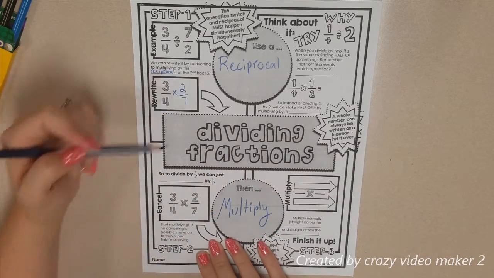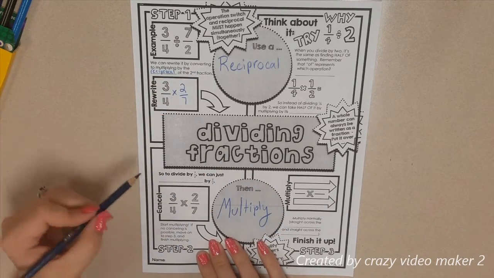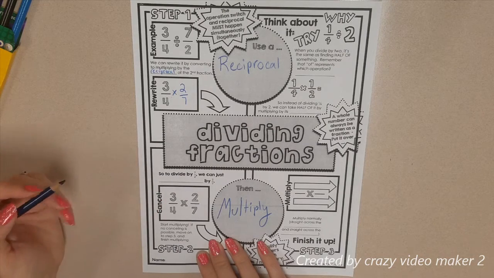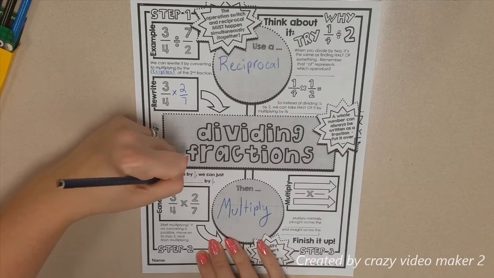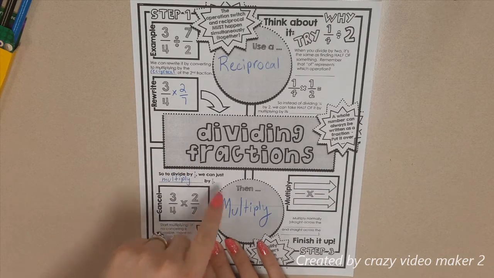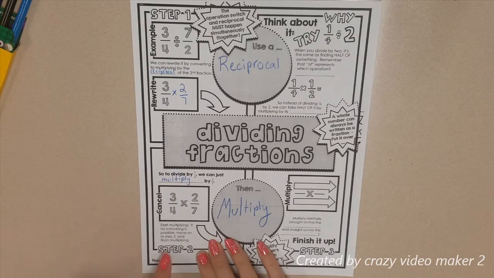So you take the reciprocal and then you multiply. So to divide by 7/2, we can just multiply by 2/7. Okay, make sure you fill that in.